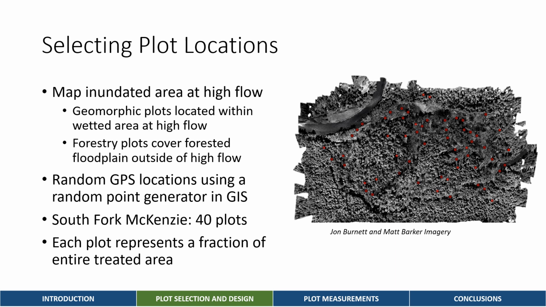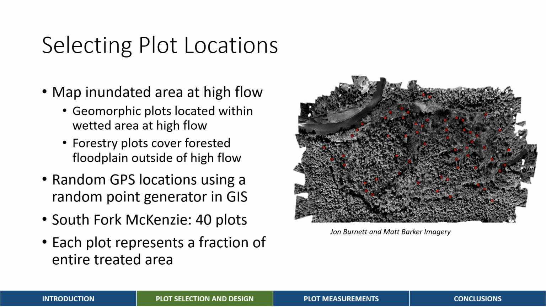So in our case at South Fork McKenzie, that was 5,000 CFS. So at this flow, we mapped the area that was inundated, and then that's how we differentiated the in-channel plots and then the forestry plots, which were in the forested floodplain outside of the inundated area.